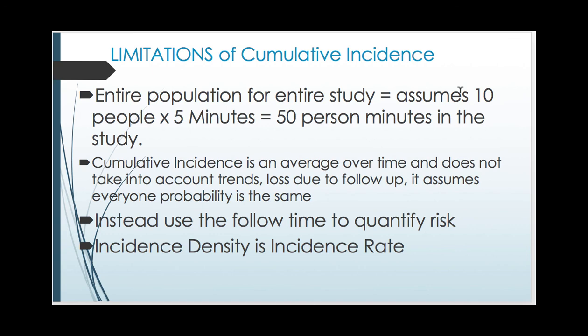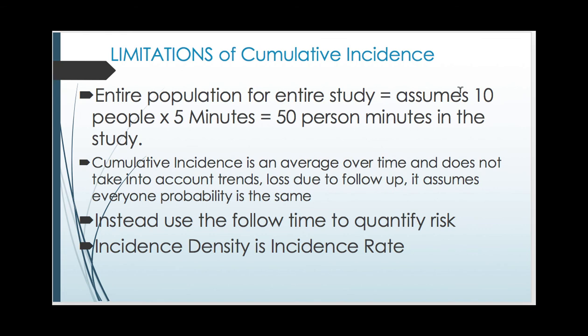This may give us a better indication of the rate at which the incidence is occurring. It also allows us to not count the minutes of people who've already had the onset of that disease, because the probability of having the disease once you've already had it would be 0. We shouldn't be counting you anymore in our denominator.